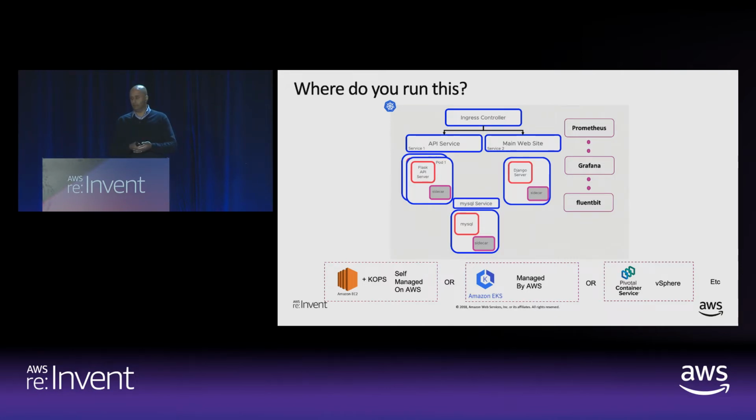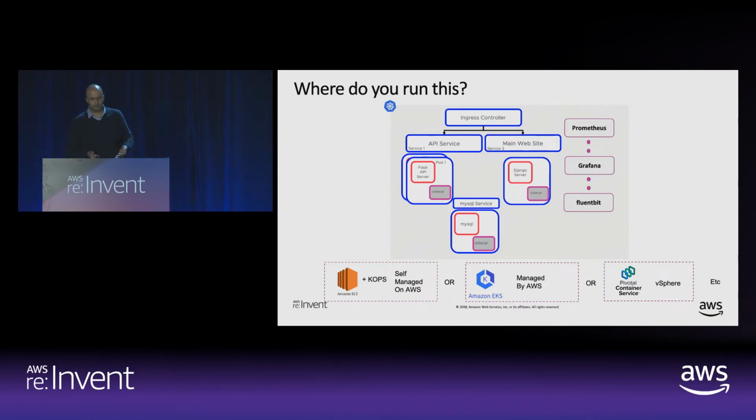I can run it on EC2 using kops, which is an open source Kubernetes management tool. I can run it on EKS, or I can run it on-prem on vSphere with Pivotal Container Service, as an example, or wherever else you may think it's viable, right? So that's kind of portability, right, if we think about it.